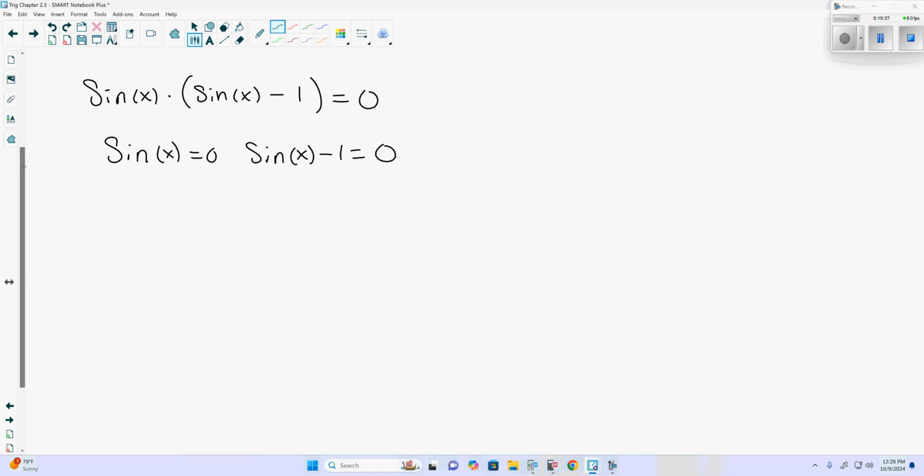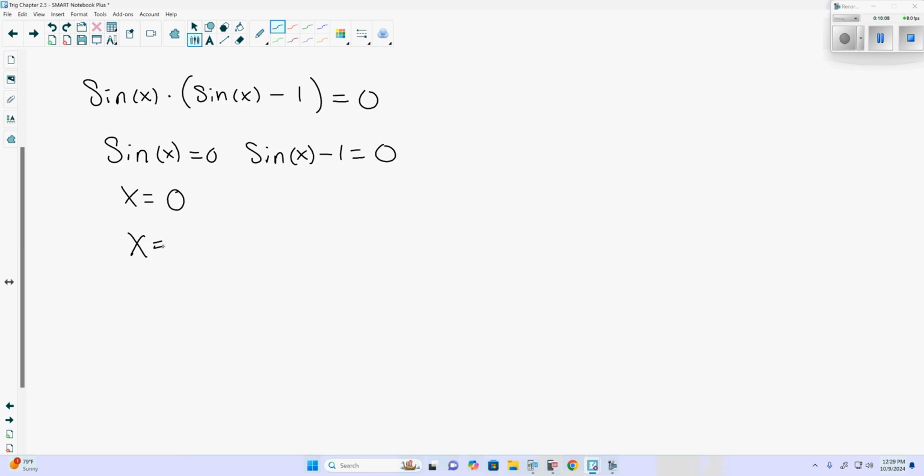Sine of x equals 0. Unit circle. We're just looking for which one has a y value of 0. One of them is 0, because on the positive x-axis, the y value is 0. So sine has a value of 0 at 0, funny enough. What other spot has a y value of 0?